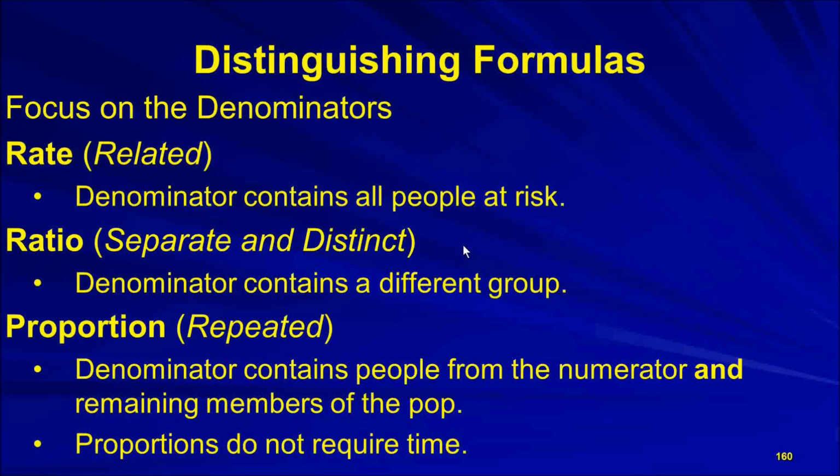Proportions do not require time. Okay. A rate always requires time, but I'll make that differentiation here too as we go along. So hopefully you understand that you want to learn the key operative terms related, separated and distinct, and repeated, and know what those terms mean and know them well. Okay?